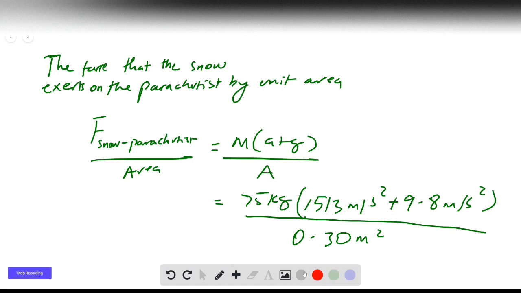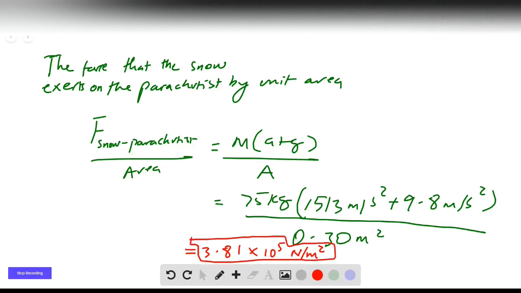This gives us a force per unit area equal to 3.81 times 10 to the 5 Newton per meter squared.